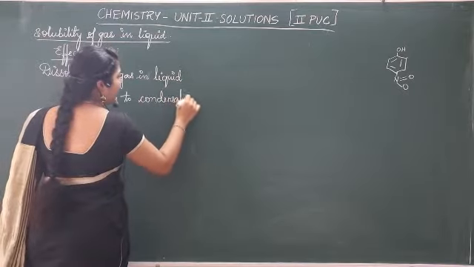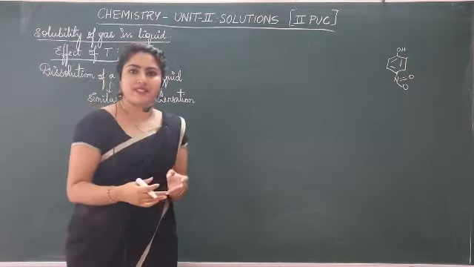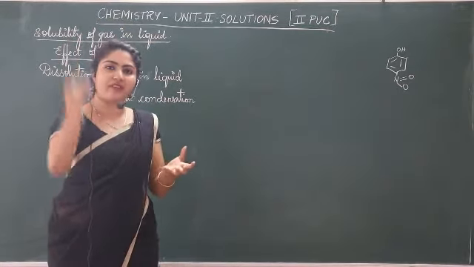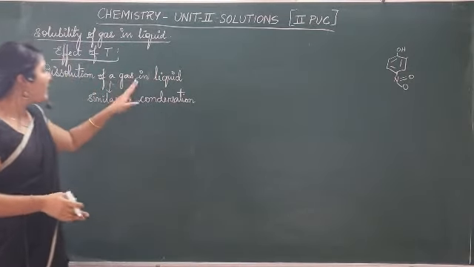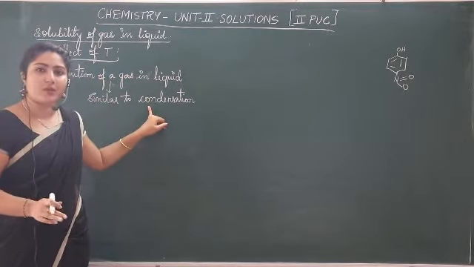What happens in condensation? A vapor gets converted into liquid state. From the liquid, vapor will be formed, and vapor further condenses to form liquid. That is condensation. So why do we say that the dissolution of gas in a liquid is similar to condensation?